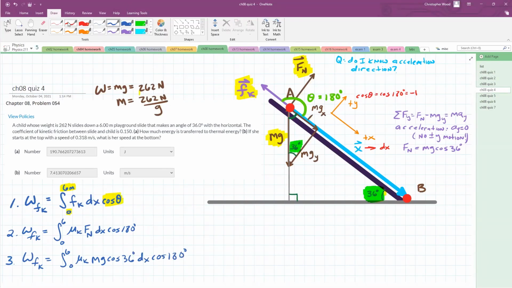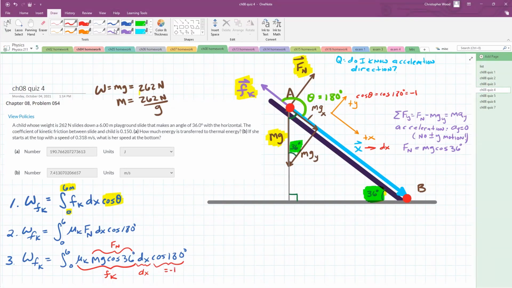That's it. Let me sanity check this because that's quite the string. I am saying this is f sub n, and mu sub k times f sub n is f subscript k. And here's dx, the displacement through which that force acts, and this is the angle between those two, whose cosine equals -1.